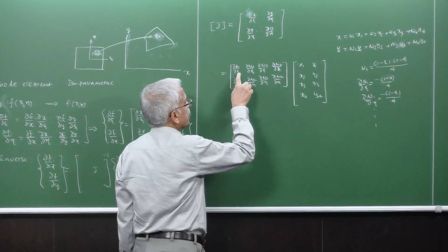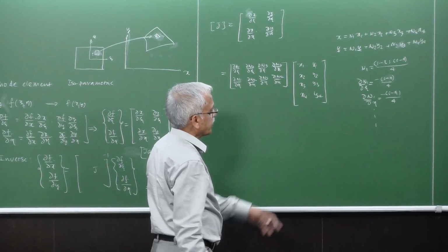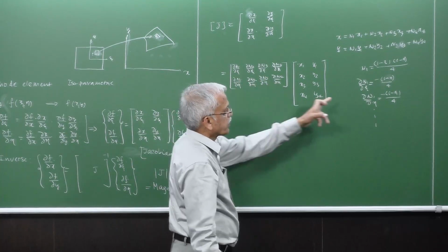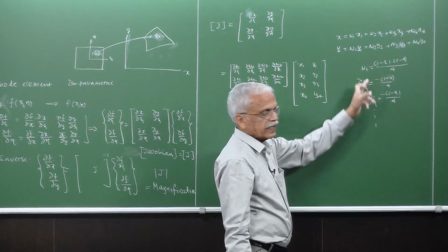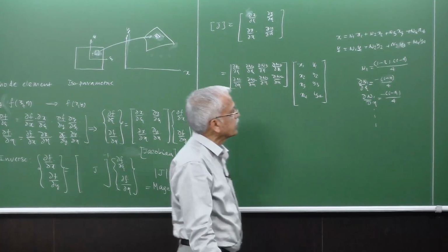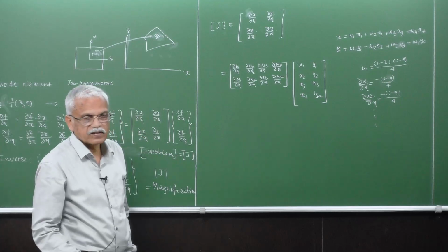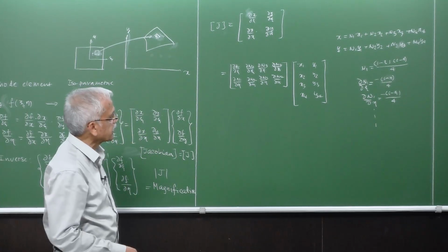At each of these places you appropriately fill it up, and then there is an N2 which is 1 plus xi, 1 minus eta by 4. So you can do that also.